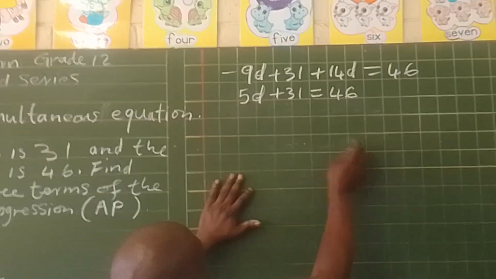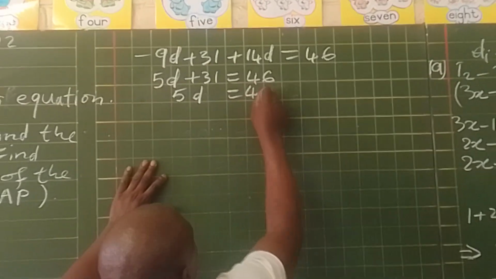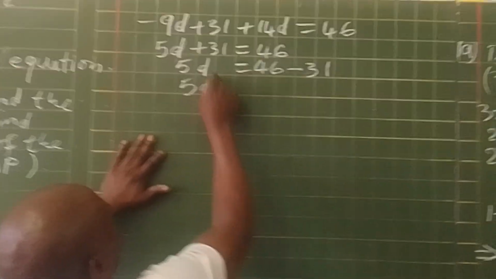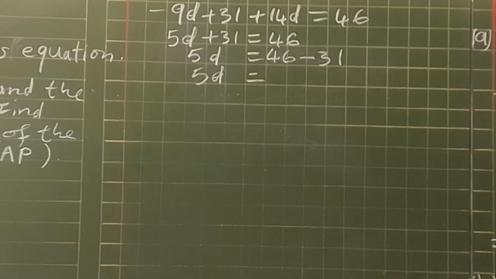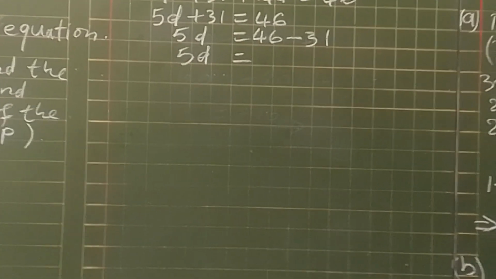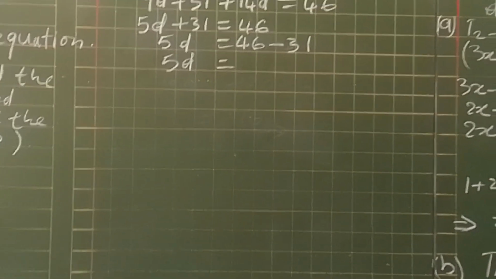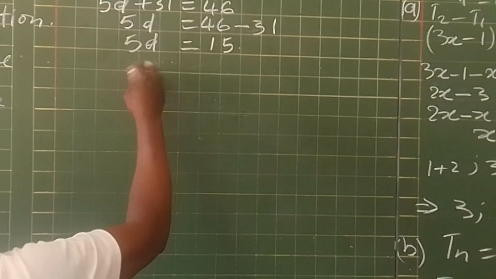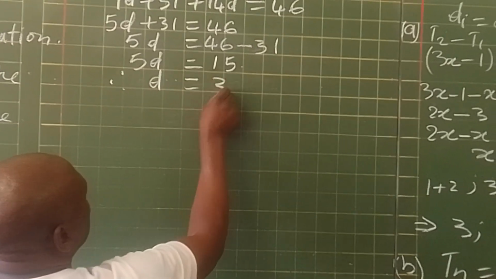Take 31 that side. 5d is equal to 46 minus 31. 46 minus 31 is 15. Then you can see d is 3, therefore d is equal to 3.